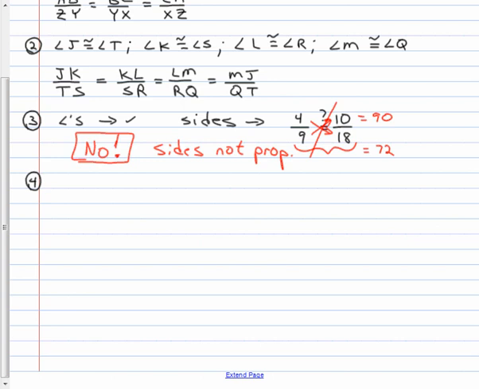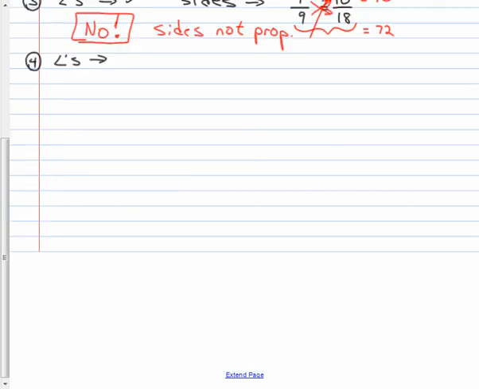Number 4. Let's try it out. Let's look at the angles again. So 2 checks again. I'm going to see the angles. Does it work out or not? 27, 27, 36, 36, 117, 117. We're happy with that. We are going to check the sides. Am I getting proportional sides? I'm going to start with the smallest number, 6, in the first one.